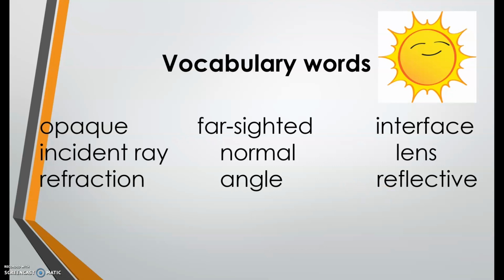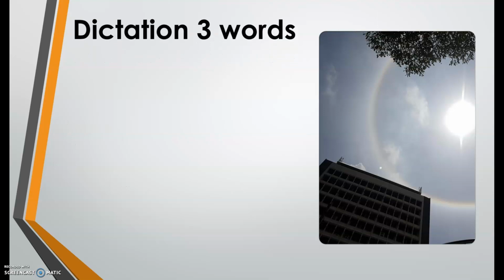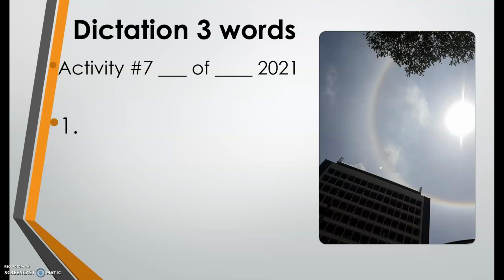Very good. Now let's move on to our dictation. 3 words. Please bring out 1 piece of paper, or if you have your notebook, and write as follows. Don't forget to write your name. Let's begin. Number 1. Spell the word reflective.